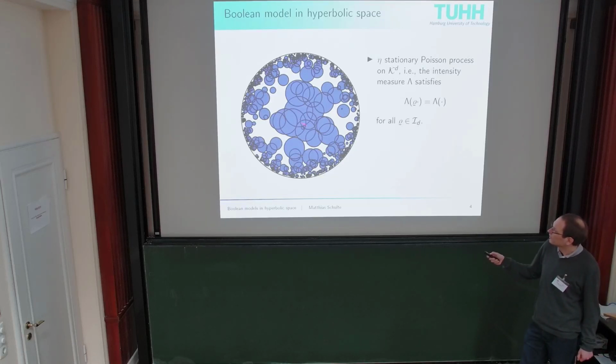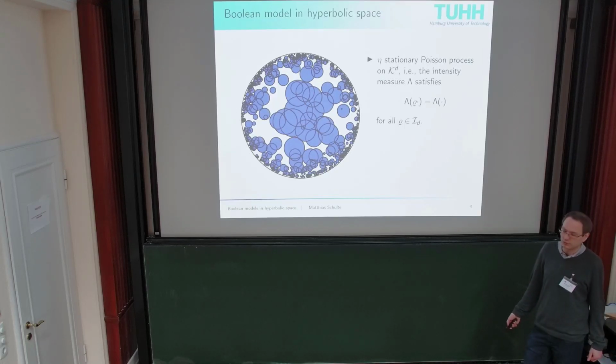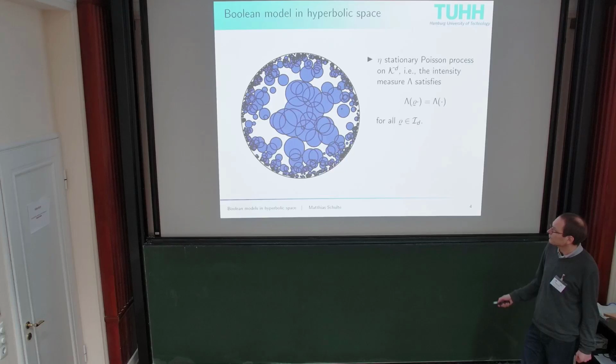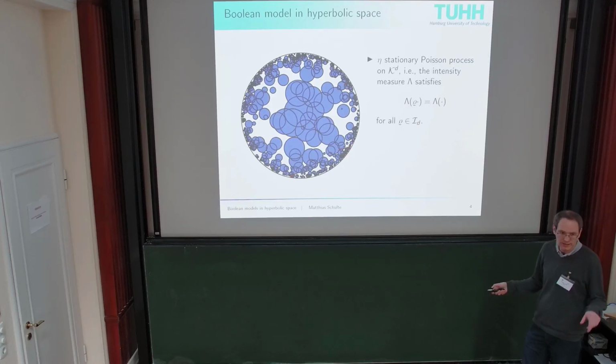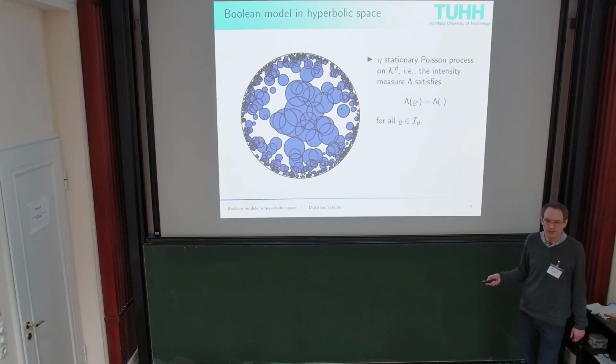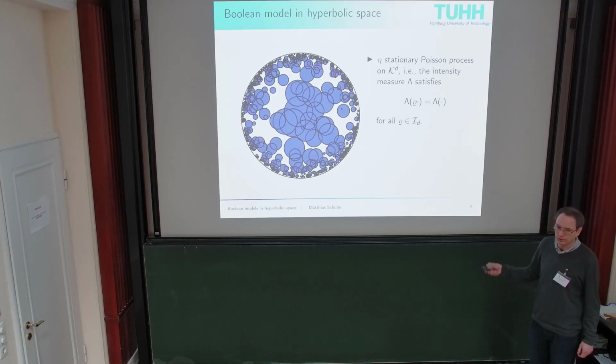What I did here is that I said that the particles are balls with random radii. In the picture you must observe that in the Poincaré disk model, circles further away from the center look smaller. So these small circles here close to the boundary are not necessarily smaller than those near the center.